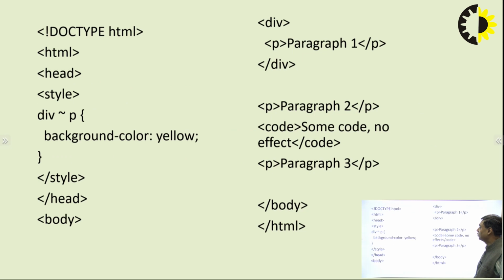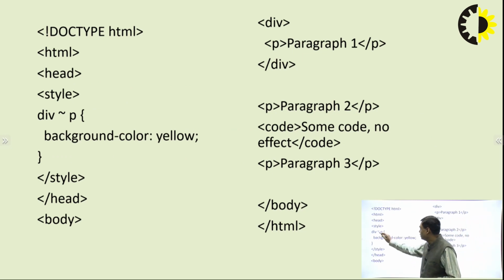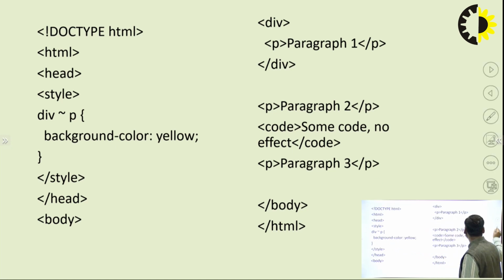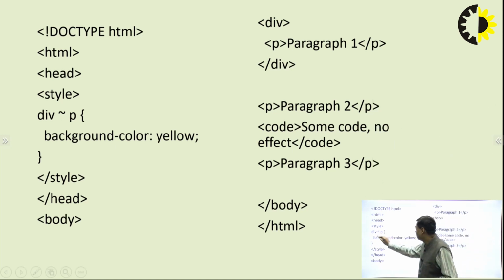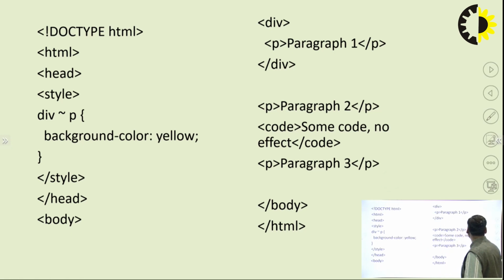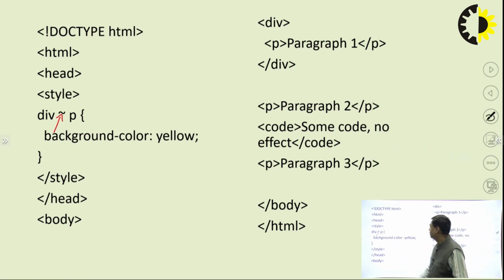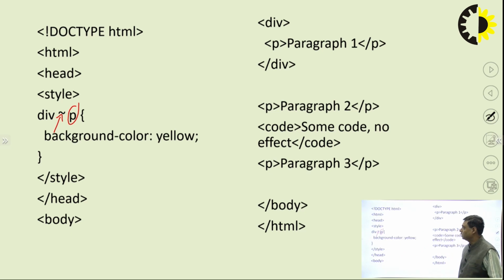Now you can see the program. We are using this tilde symbol, div tilde P, and in this case all the P elements which are siblings of the div element will be selected, and the background color will be yellow.